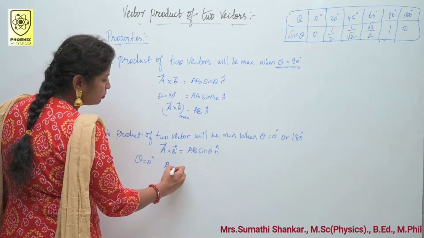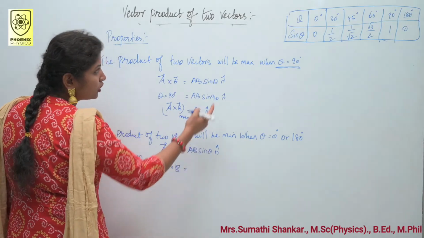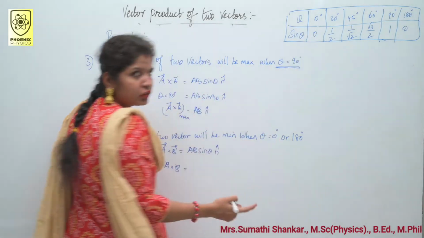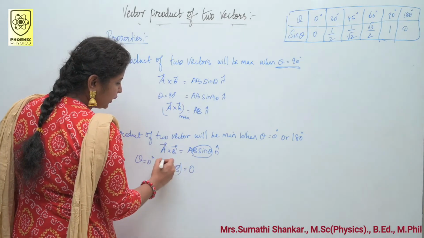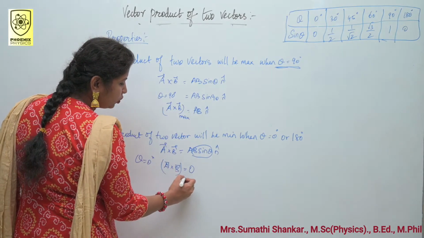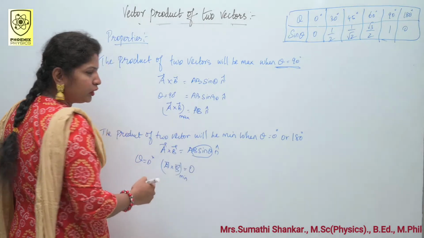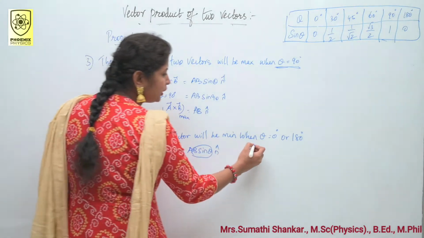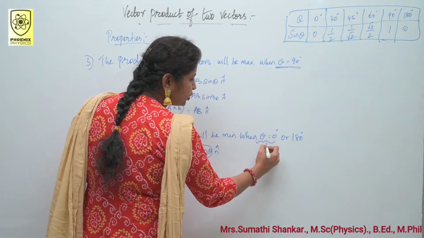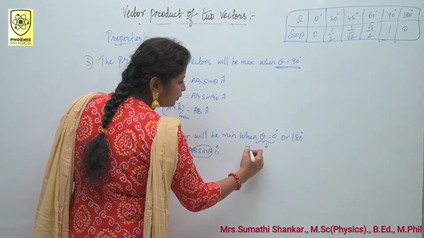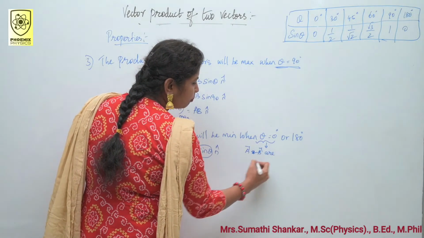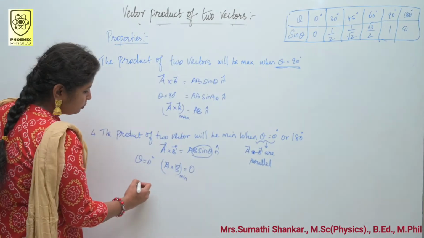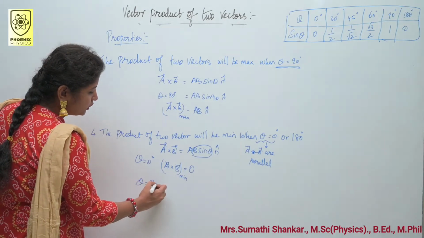So A cross B is equal to, what is sine 0? Sine 0 is 0. The whole thing is 0. So A cross B is equal to 0 when theta is equal to 0 degree. What is the meaning? When theta equal to 0 means A and B vectors are parallel vectors.